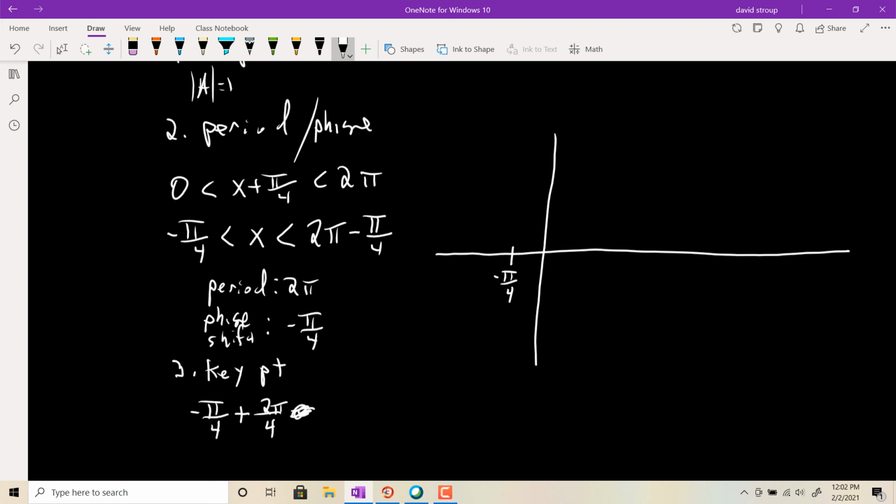So 1 pi over 4, 2 pi over 4, 3, 4 pi over 4, 5 pi over 4, 7 pi over 4, 9 pi over 4. Okay, there are asymptotes.